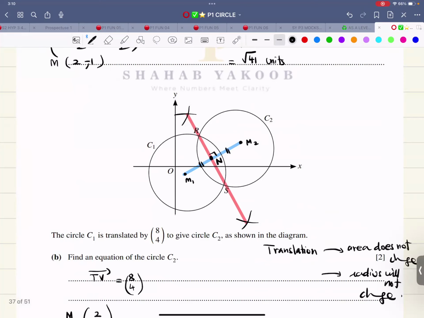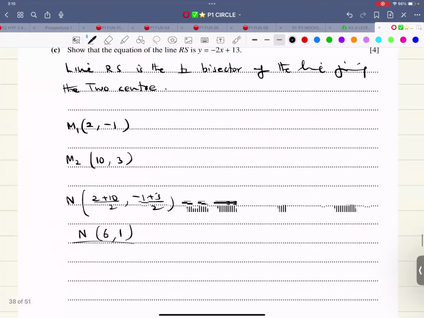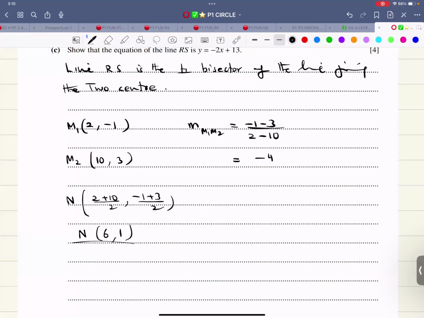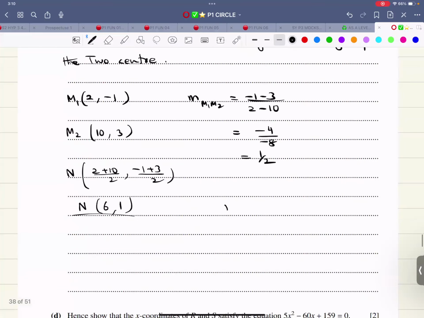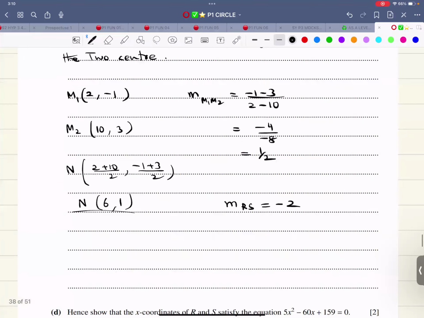Okay, now let me calculate the gradient. So the gradient of these 2 points, M1, M2, that is (-1 - 3) over (2 - 10). That is -4 over -8. That comes out to be +1/2. Therefore, gradient of RS should be -2.